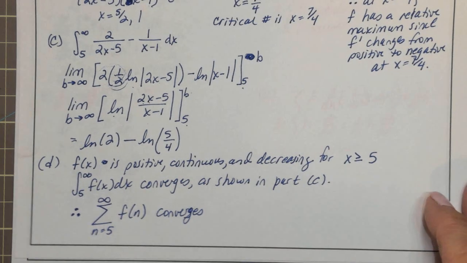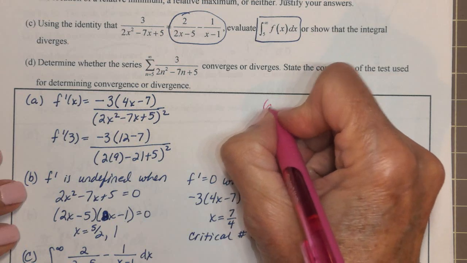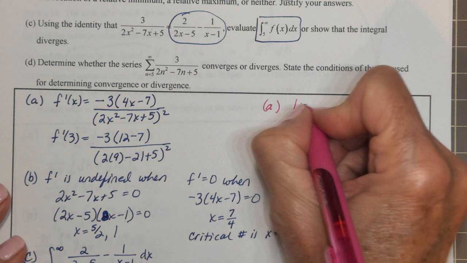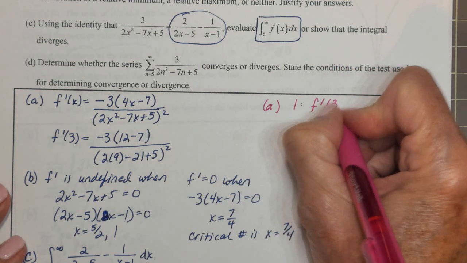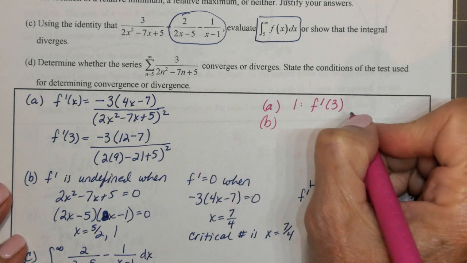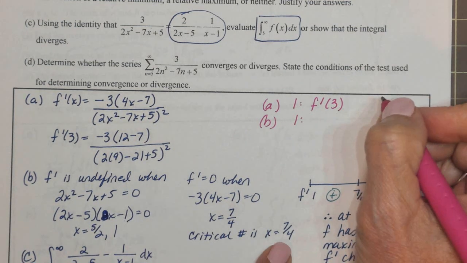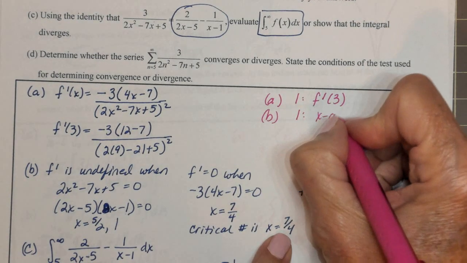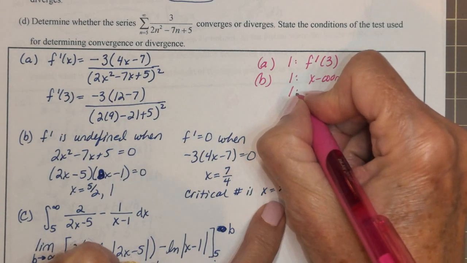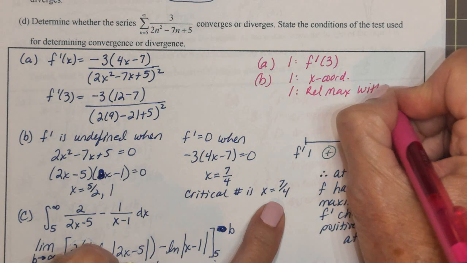Okay, let's take a look at scoring on this one. For part A, 1 point for f prime of 3. So in essence, just for the answer. Part B, 1 point for the x coordinate, the 7/4, 1 point for relative max with justification.